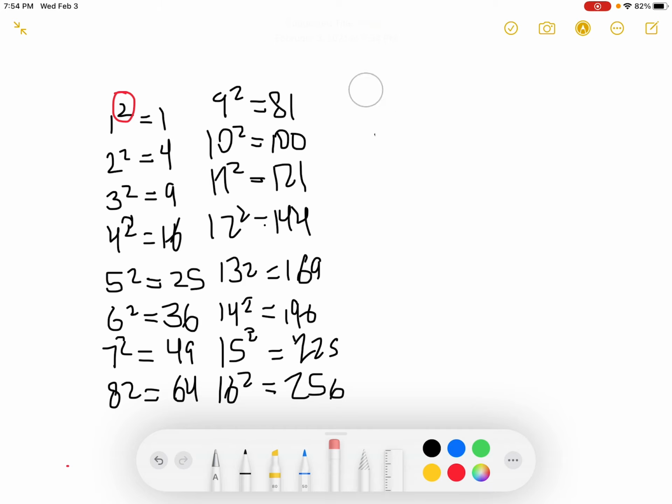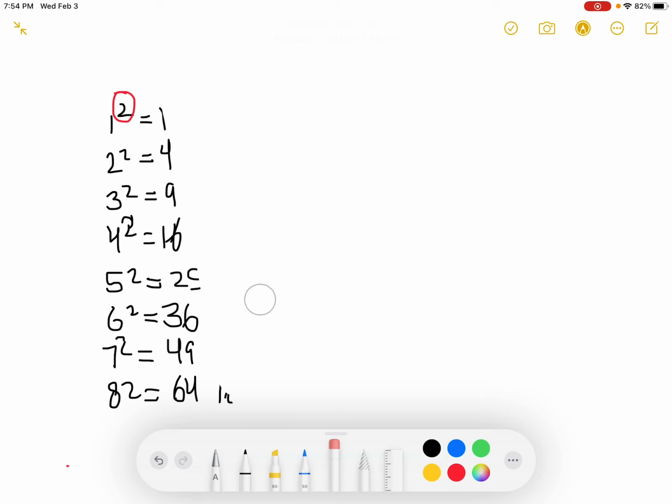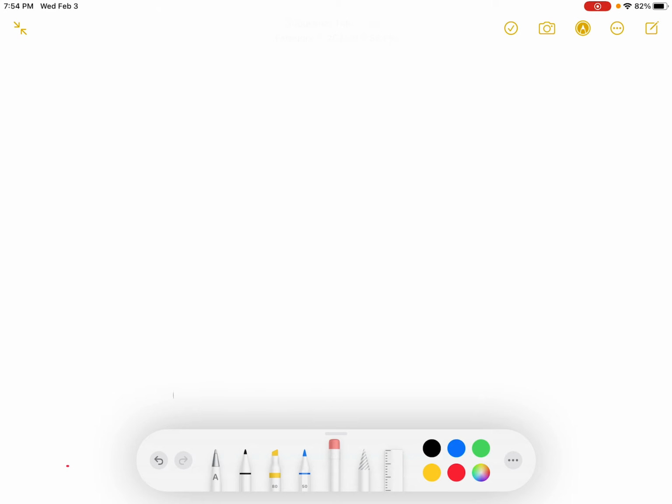Now, let's look at cube roots. You don't have to know as much because these numbers get bigger quicker. So this is to the third. So any number to the third, that's what cubed is. Because if you think about it, a cube has 3 dimensions, and to find the volume of it, you're going to have to multiply each thing that there is.